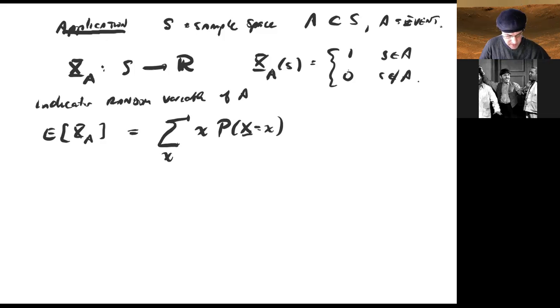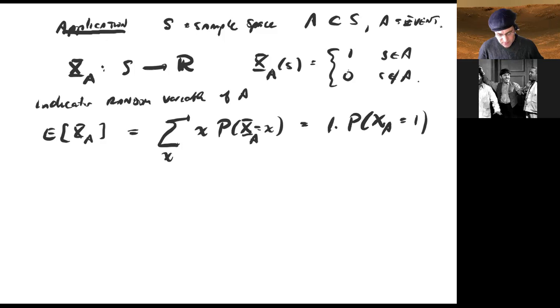But you see, X sub A only takes two values, 0 or 1. And if x is 0, there's no contribution to the sum because you're taking 0 times something. And if x equals 1, you're going to get 1 times the probability that X sub A equals 1 appearing.